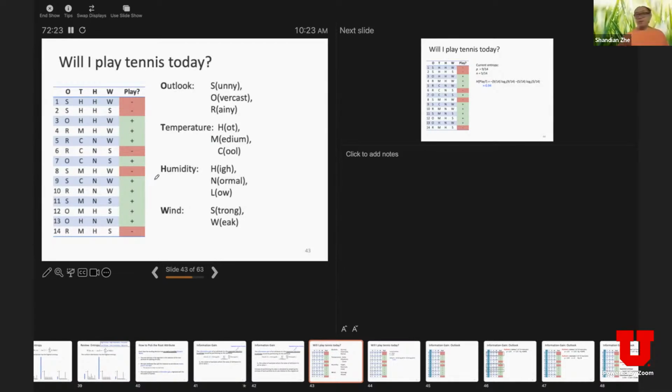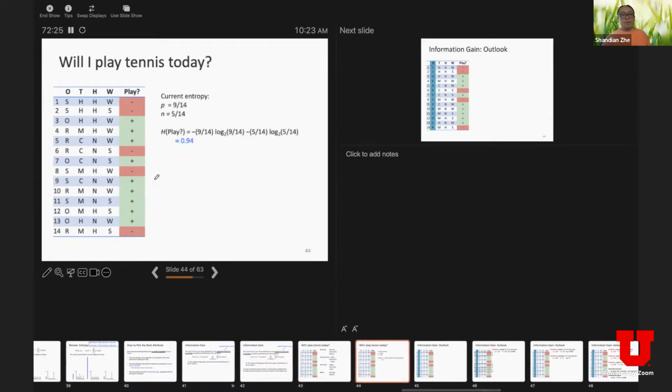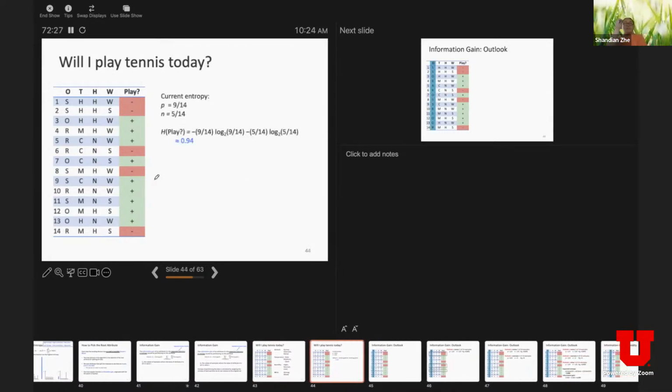So let us compute. First of all, we need to compute the entropy of the entire data set, the entropy over these 14 examples, which is fairly straightforward. We just need to compute the positive ratio and negative ratio. The positive ratio is 9 over 14. You just count how many positive signs in the labels, which is 9.